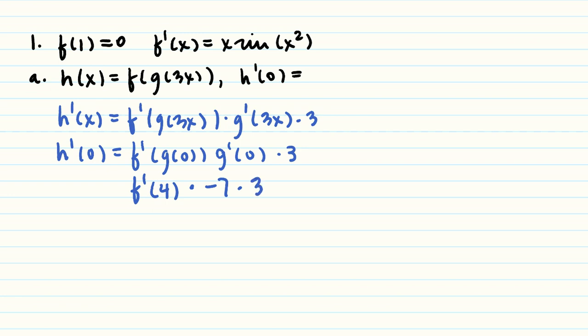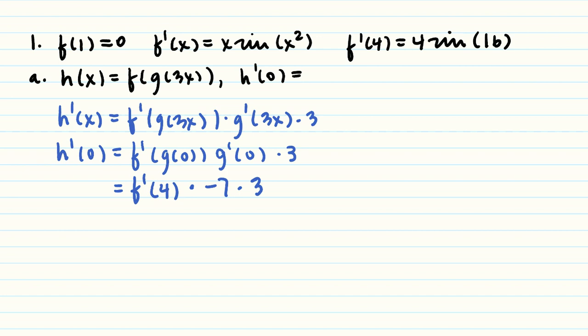Okay. I just realized f prime of 4 is something I'm going to have to pull out of the using the equation, right? So f prime of 4 is going to be equal to 4 times the sine of 16 radians. Like, great, thanks for that.